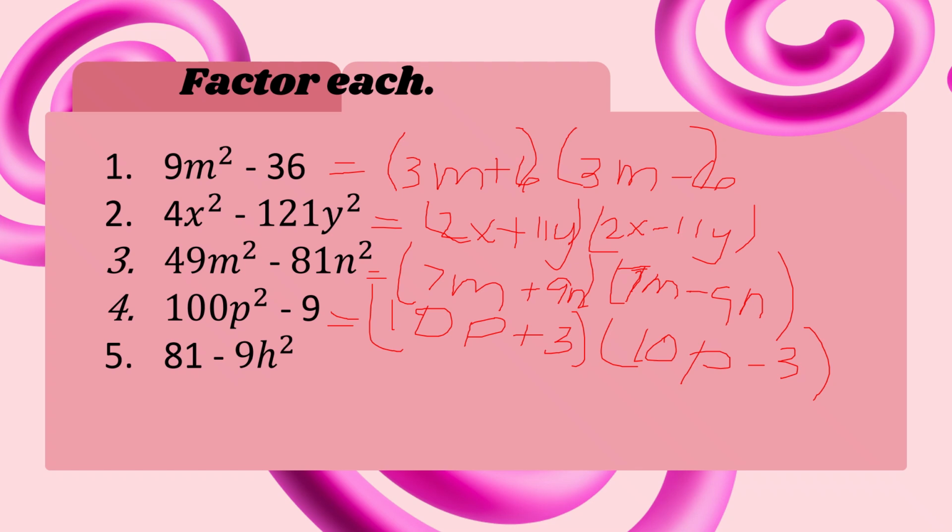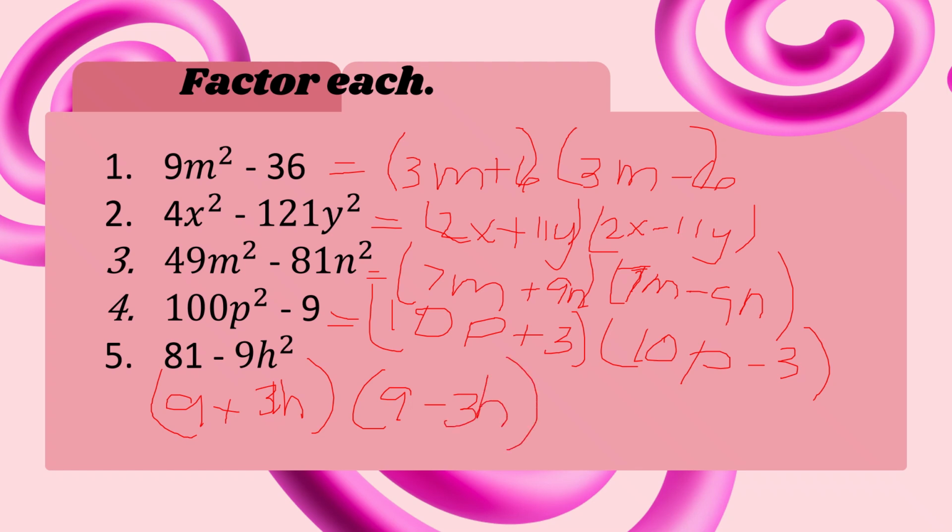Okay, and for 81, we got 9 minus or plus, we need to follow the pattern. That's 3h, 3h, and then 9 plus 3h, 9 minus 3h.